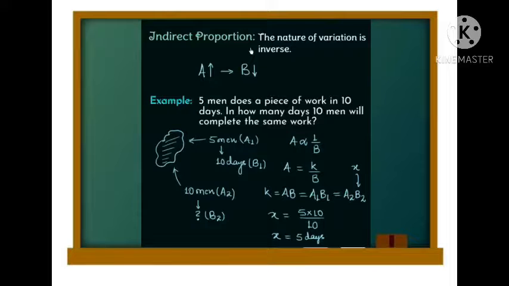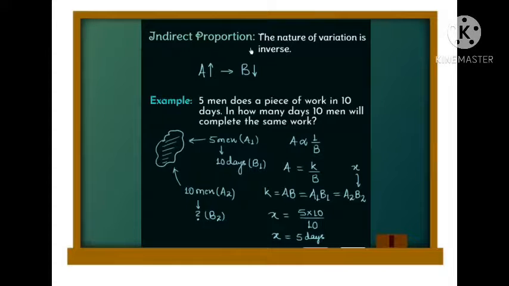Now focus on this: A1 B1 equal to A2 B2. A1 is 5, B1 is 10, A2 is 10, and B2 we need to find out, so let's represent B2 by X. We need to find X. X will be equal to A1 multiplied by B1 divided by A2.